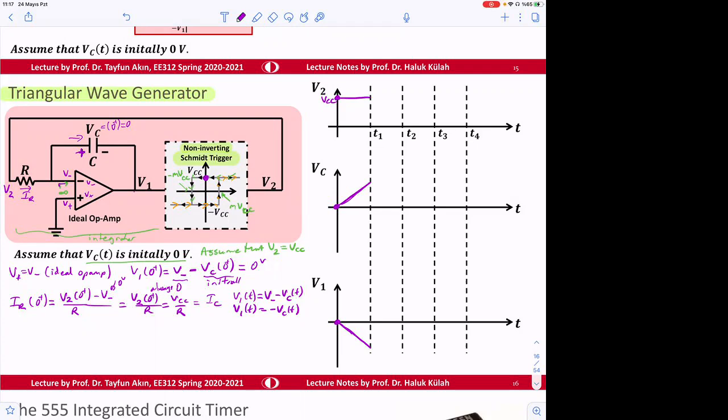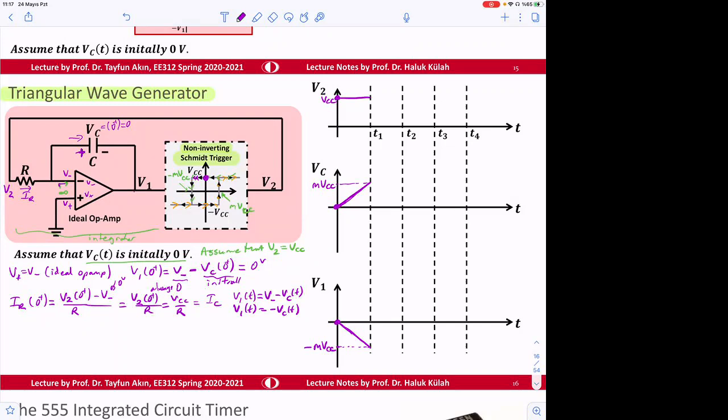Okay. So V1 goes in this direction in the table. So when this reaches to minus MVCC, that is the critical point, and output will be changing. So that means, when the capacitor becomes MVCC, this happens.